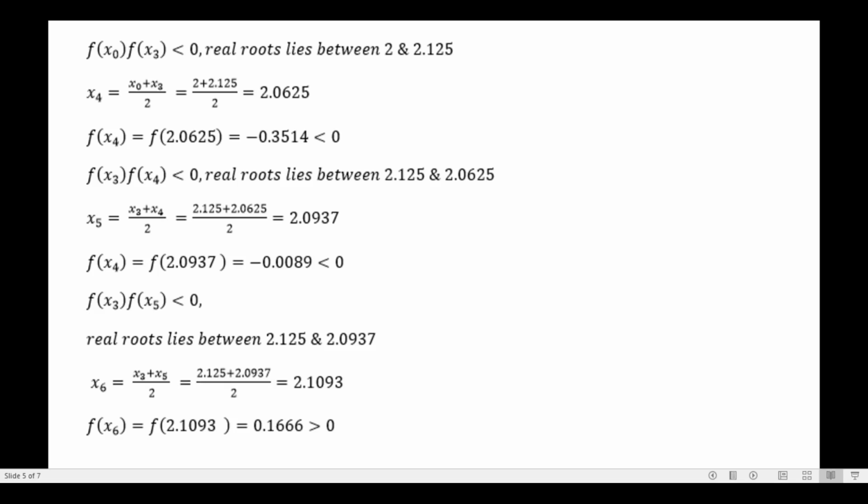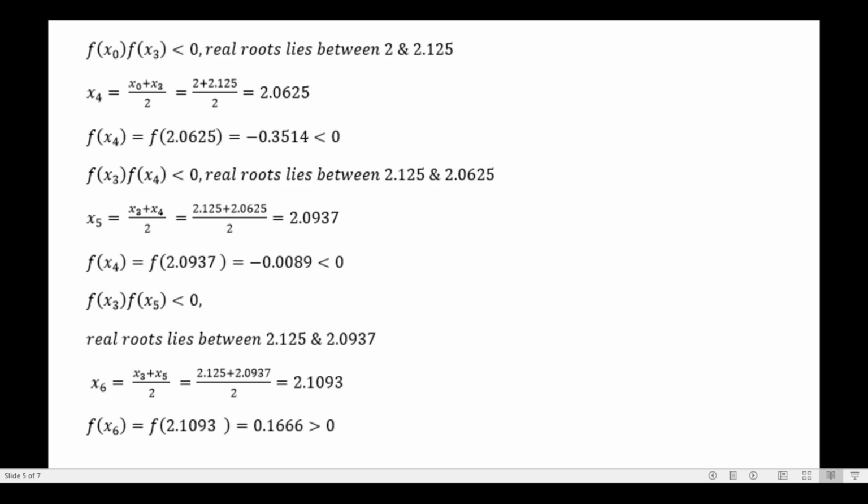The root lies between 2.125 and 2.0937. If you want a better approximation, again we take the average of these two numbers, that is 2.125 plus 2.0937 divided by 2. It is 2.1093. At this value again we measure the functional value, f of 2.1093, that is 0.16, which is greater than 0. So here we got a positive quantity. That's why in the previous calculations we choose the negative quantity.